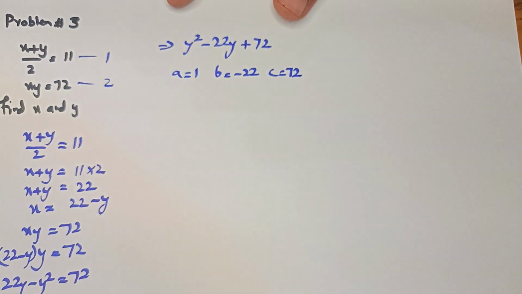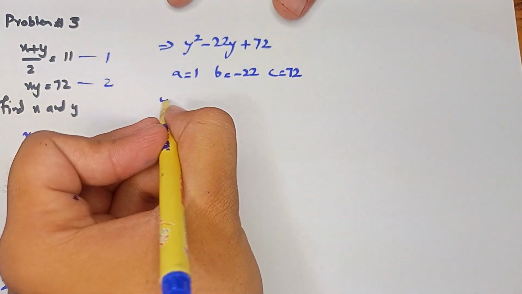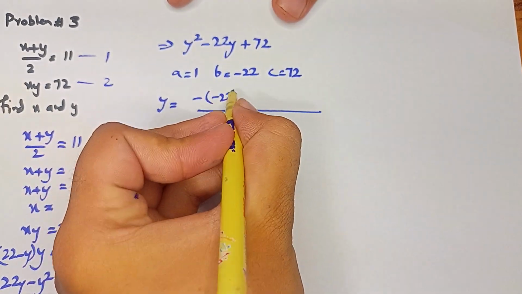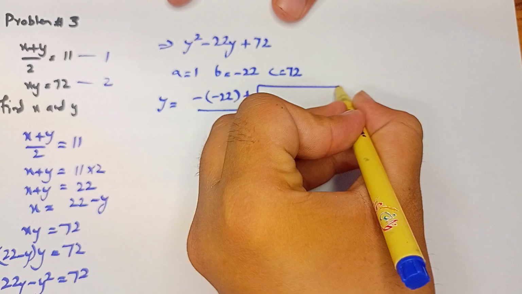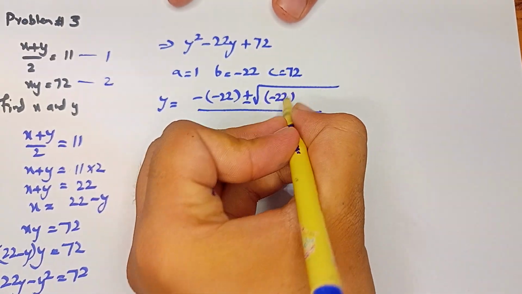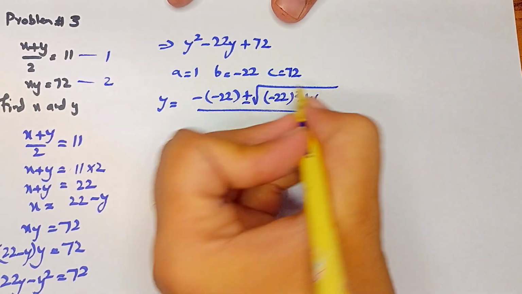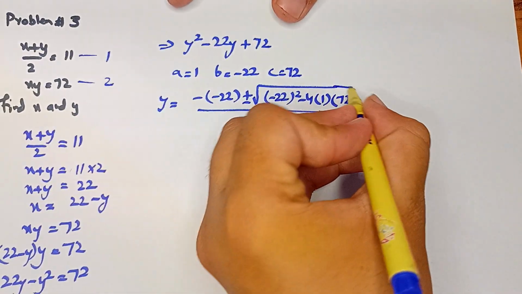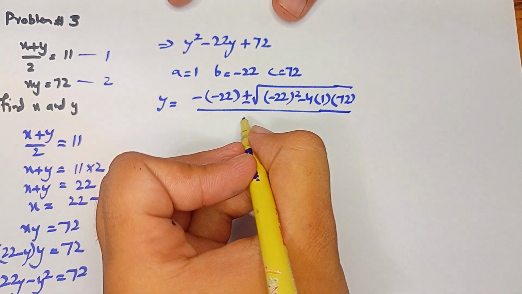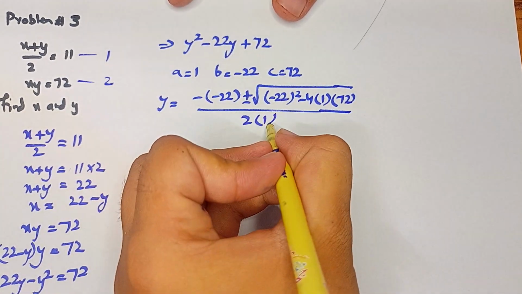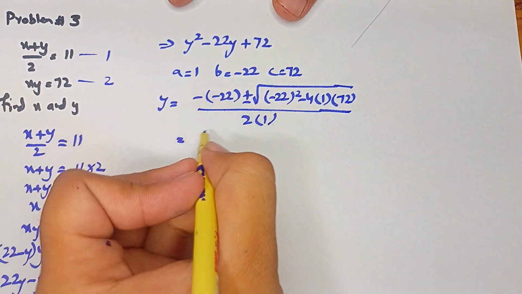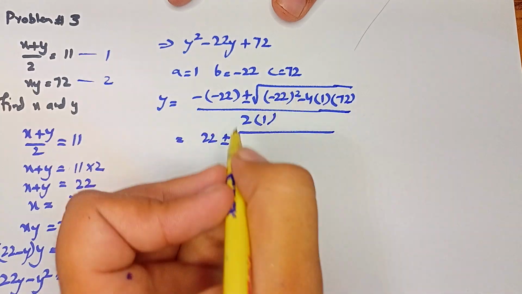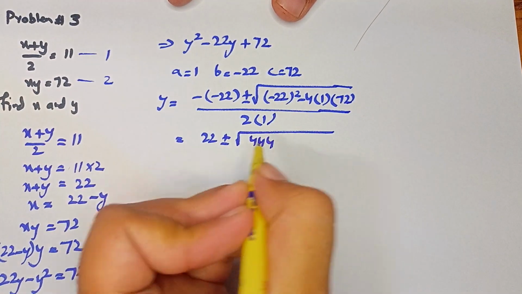We are using the y variable, so y is equal to minus b, which is minus minus 22, plus minus under root of 22 whole square minus 4ac, where a is 1 and c is 72, divided by 2a, and the value of a is 1.